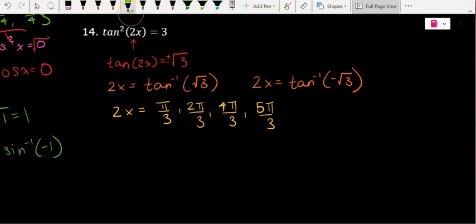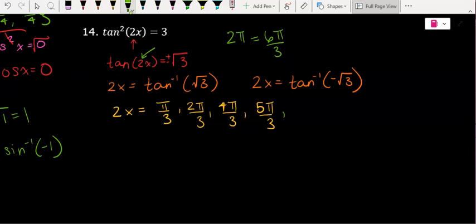Now, again, it's a multiple angle, so I'm going to go around the amount of times that I've got. So this is time number 1. So time number 2 here, I've got to take each one of these, okay? And I'm going to go around one more time. So I'm going to add 2 pi to this. Remember, 2 pi, if that's what I'm adding and I need a common denominator of 3, that's the same thing as adding 6 pi over 3.